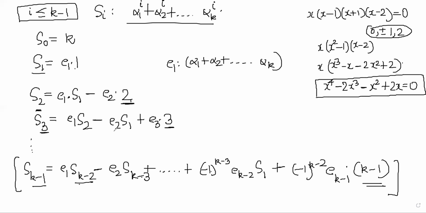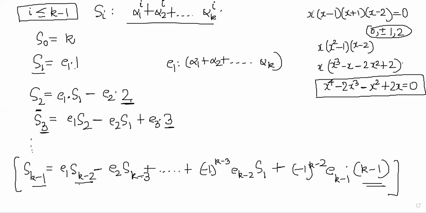Now for this polynomial, what is my S0? S0 is equal to k. So k is what? K is basically 4, because there are 4 roots for the polynomial. Actually, this polynomial will be weird because you have 0 as one of the roots, so S0 will not be defined properly.